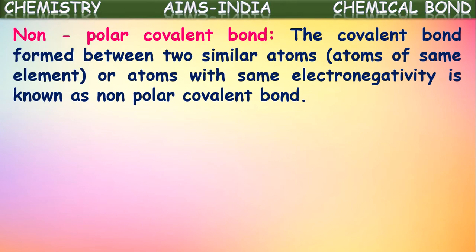First let us talk about non-polar covalent bond. The covalent bond formed between two similar atoms, that means atoms of the same element or atoms with the same electronegativity, is known as a non-polar covalent bond.